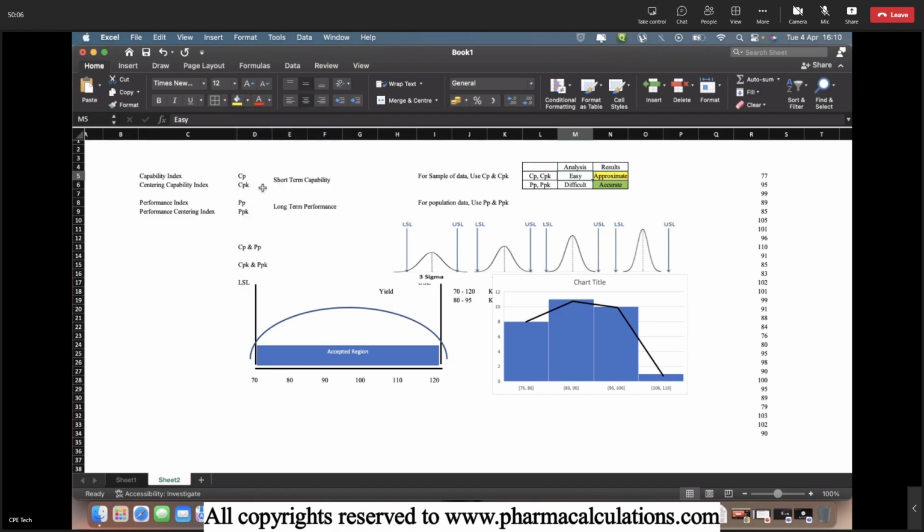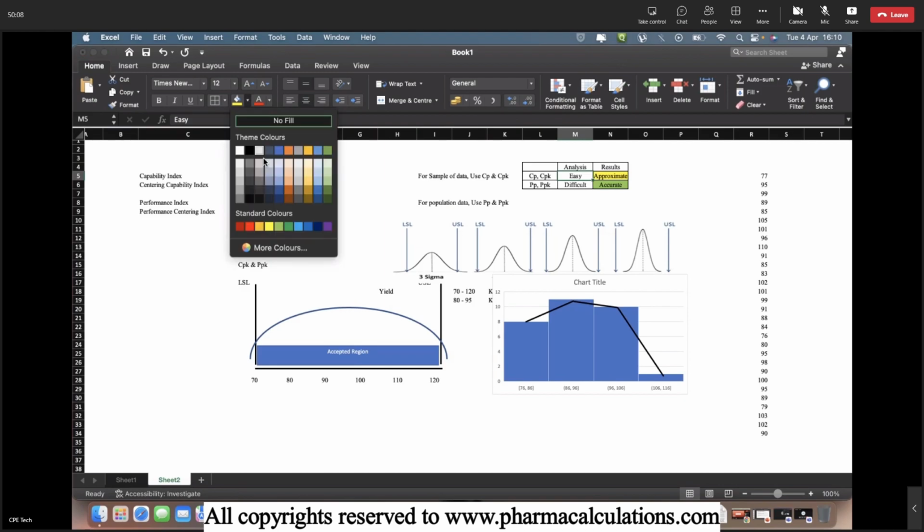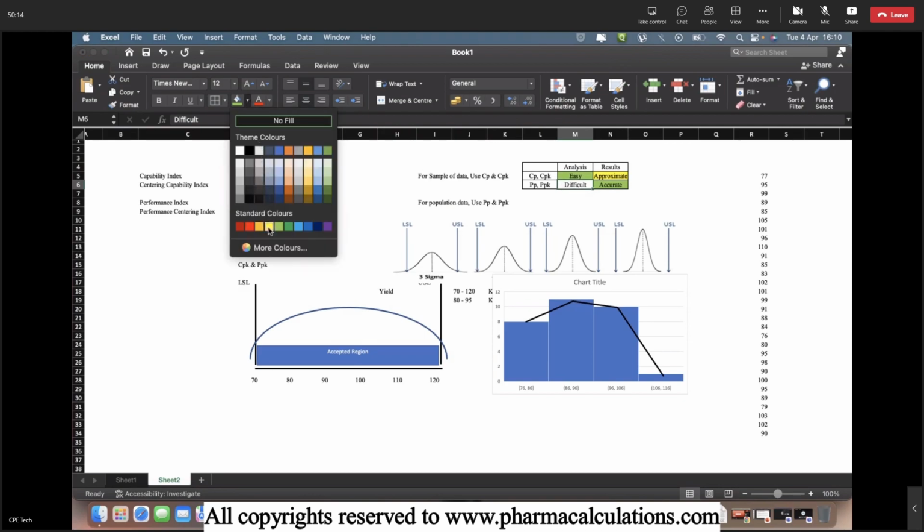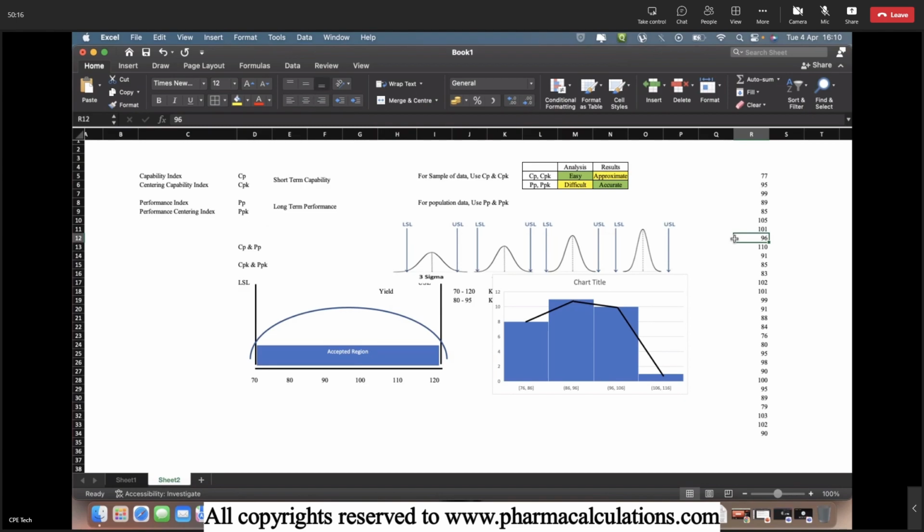But for analysis, CP-CPK is easy and here it is difficult, because you have to handle multiple data points. This is how you select these indices, depending upon the condition.